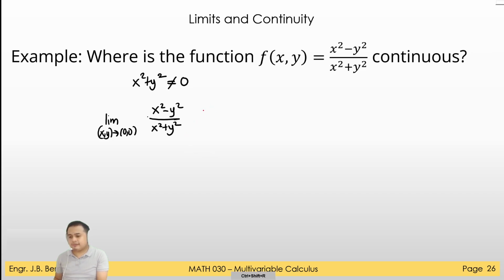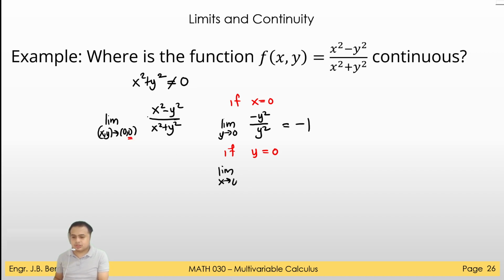So if x is equal to 0, then this will reduce into the limit as y approaches 0 of negative y squared over y squared, right? So this will be negative 1, right? And then for if y is equal to 0, we have the limit as x approaches 0 of, so we will cancel this, this will be just x squared over x squared. So this is the same example as before, so this will be equal to 1.